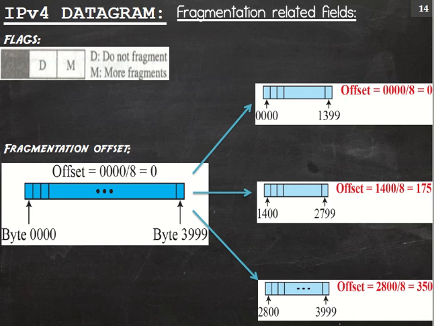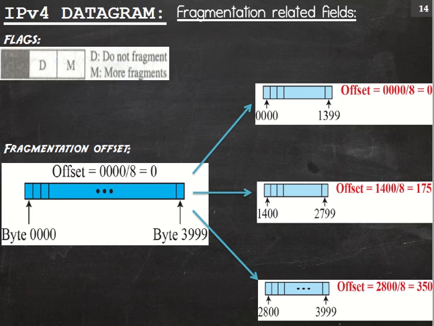The last and the third bit that you can see here is bit M, which stands for more fragments. If that particular bit is equal to 1, it means the datagram is not the last fragment. That is, whatever data has been received is not the last fragment. There are a few more fragments after this one.